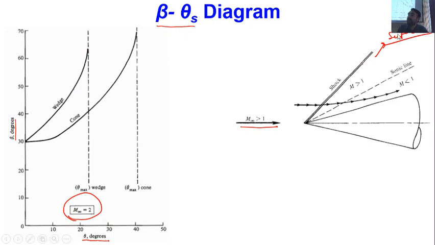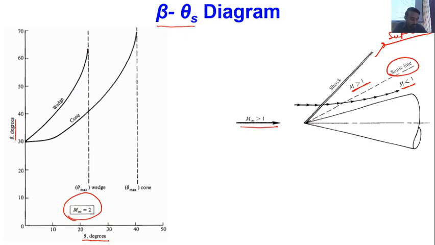However, for certain cases, you can find that just near the surface of the cone, our local Mach number is less than 1, and near the shock wave our Mach number is greater than 1. So here the flow is supersonic, here the flow is subsonic. In between supersonic and subsonic, we must have a ray across which we have Mach number equal to 1. That we call a sonic line.